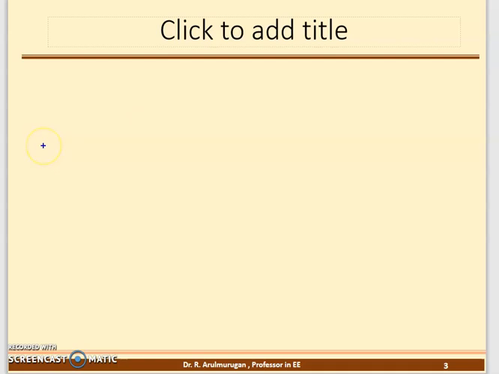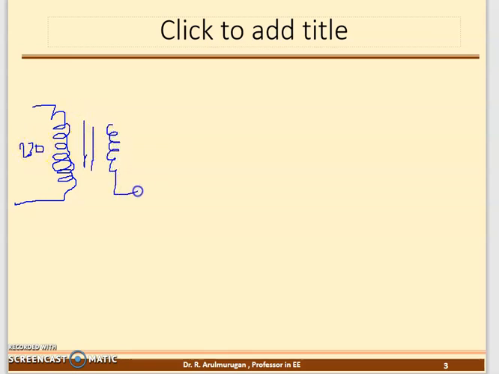Bridge rectifier means you use a two winding transformer. It is enough. A step down transformer. Here the primary has more number of turns, 230 volts. Then the secondary has fewer turns, 20 volts. You draw the bridge rectifier diagram with four diodes, 1, 2, 3, 4.